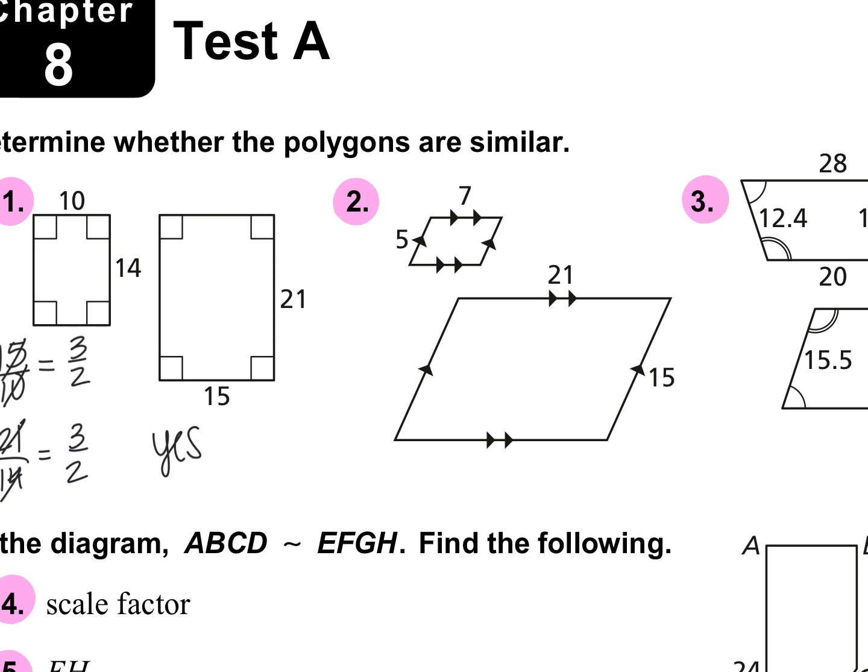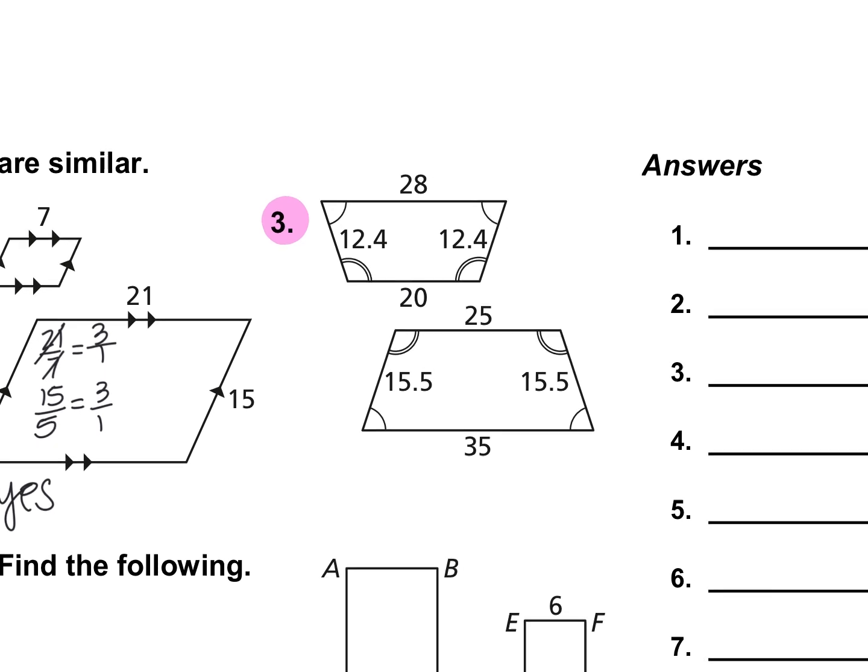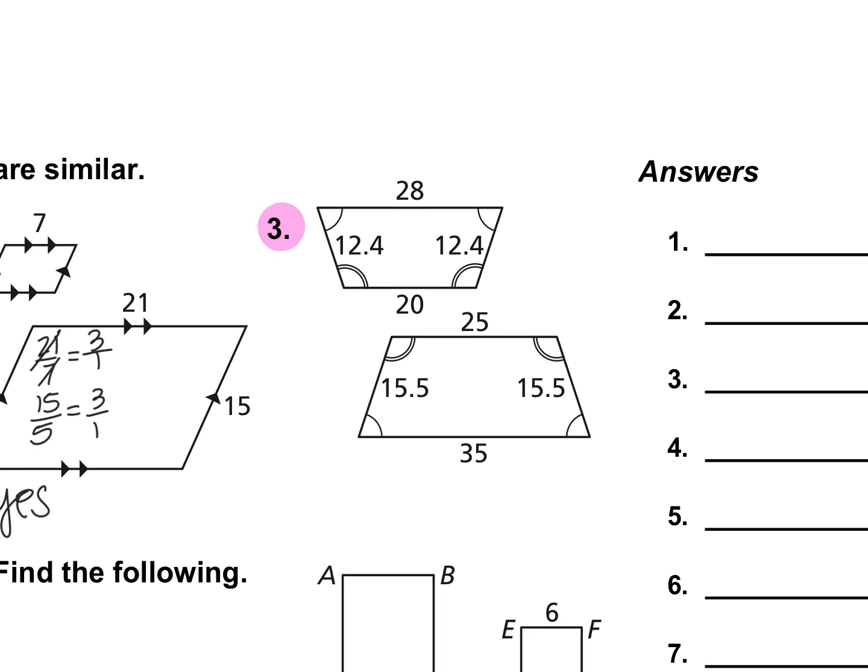Looking at number 2, doing the same thing. I have 21 over 7 and 15 over 5. What's 21 over 7? 3 over 1. And what's 15 over 5? 3 over 1. Are they the same? Yes, so they're similar. All right, looking at number 3, please be aware of the shape.